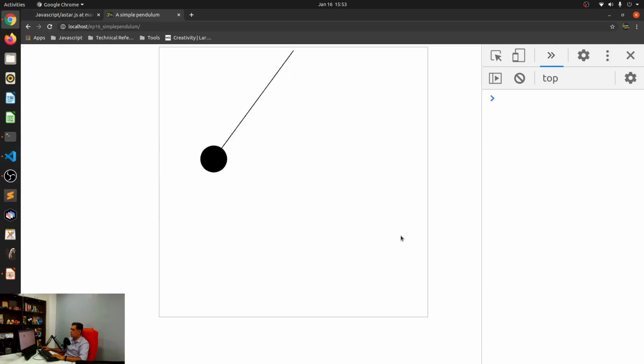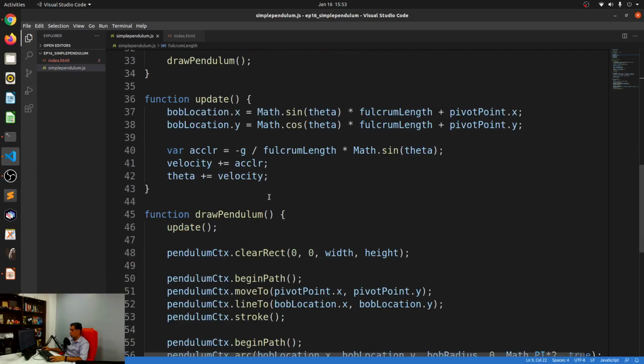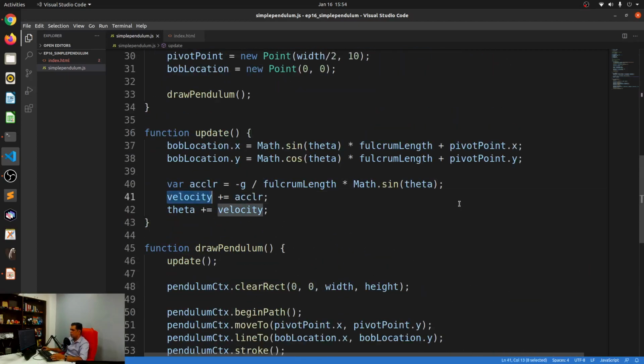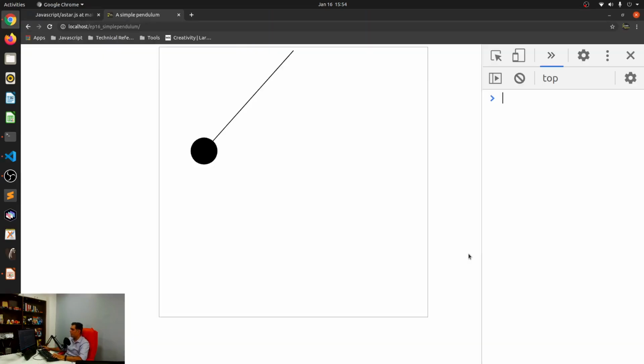Now there are obviously other things that you could do to it. All right, what other things can you do to it? You could add damping to it, for example. There are no pendulums on any planet anywhere, or even in space, that just go on and on forever. You obviously have to dampen it. So I'm going to take this velocity and say velocity times equals 0.7, basically giving it a damping value.